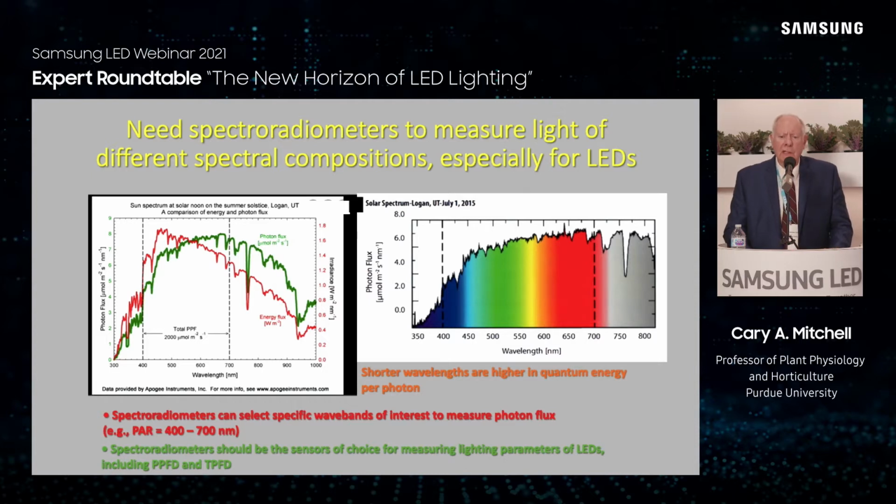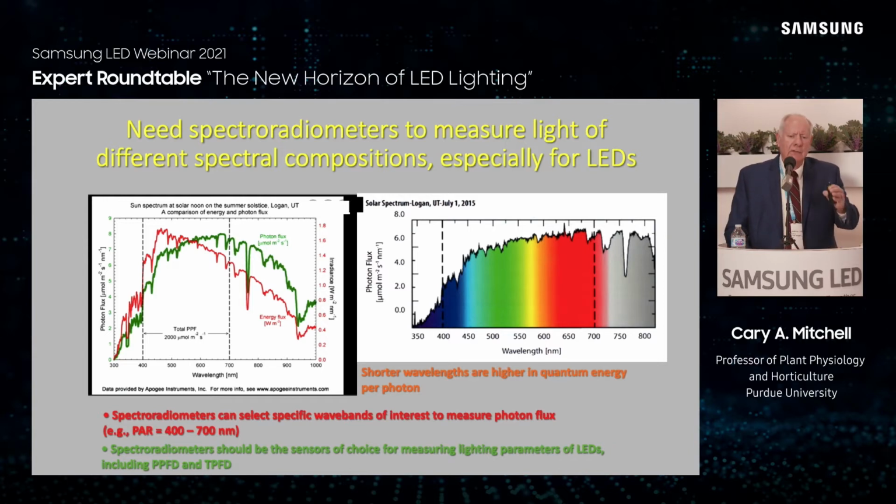Now, if you look at a spectroradiometer scan, this is a more expensive device, and it measures not only the photons, but the energy of the photons, and it kind of integrates those. So on the graph on the left, the green graph across the PAR and down into the UV and into the near infrared is solar.